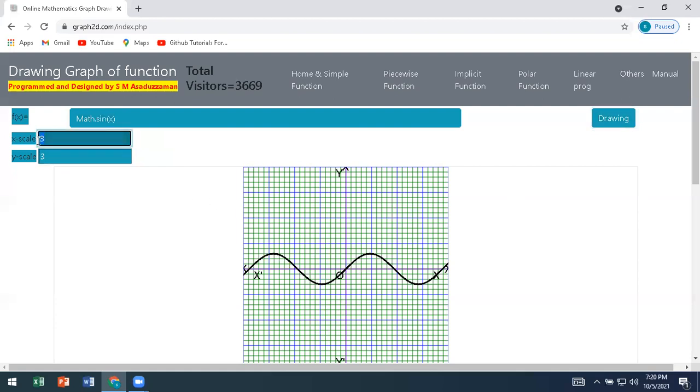We can change the scale, x scale 1, y scale 1, and press drawing. x scale 5, y scale 5, and pressing drawing, we also get the coordinate on the function by mouse click.